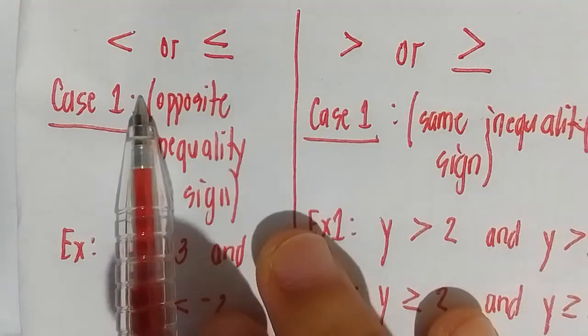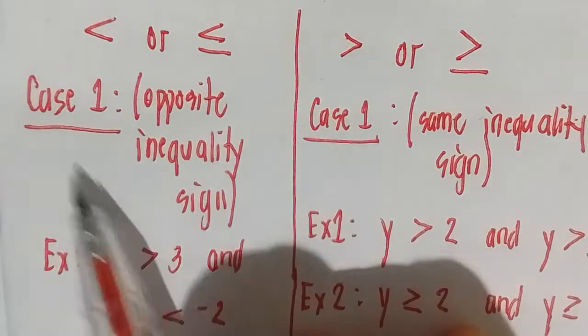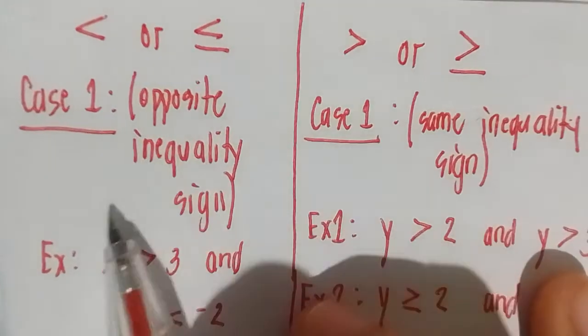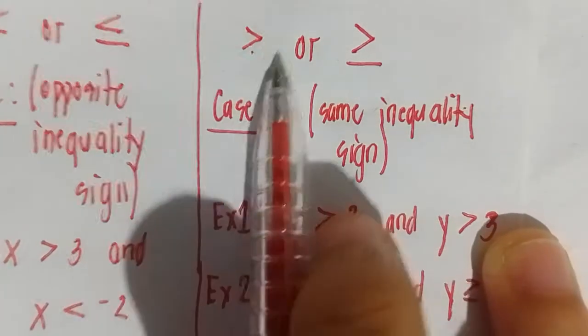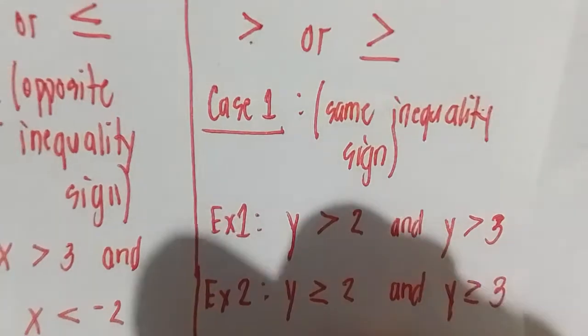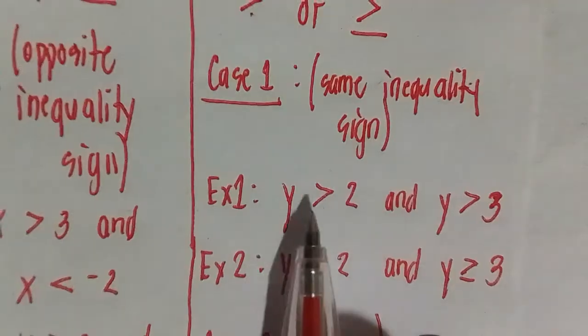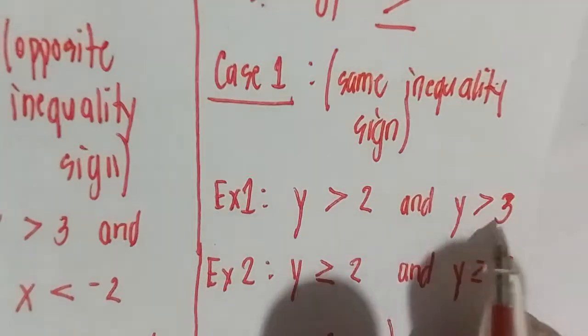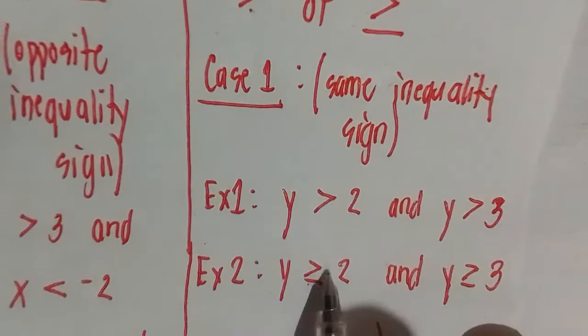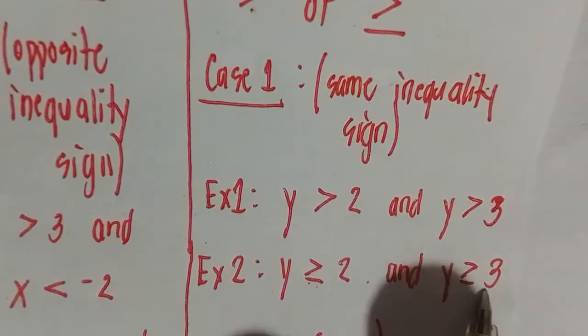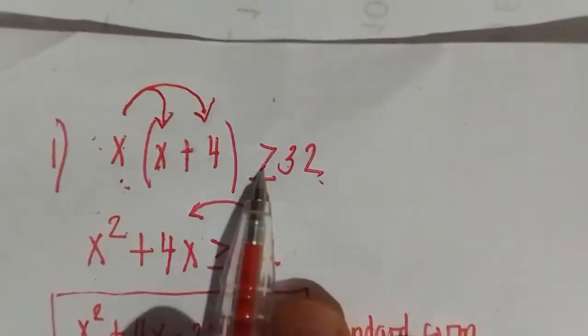Now, if less than is given, my hint is that case 1 and case 2 have opposite inequality signs. If greater than, then in case 1 and case 2 the sign stays the same. For example, y is greater than 3, or y is greater than or equal to 3: follow the inequality sign. Now, in our example, the given inequality sign is greater than or equal to.